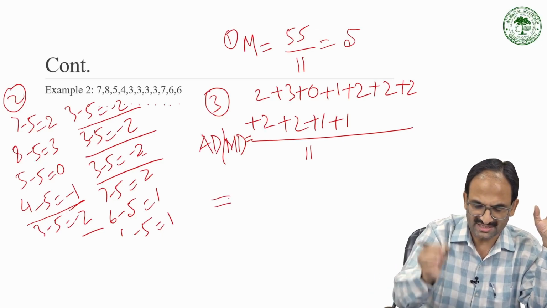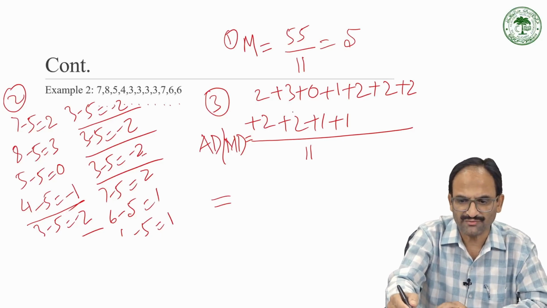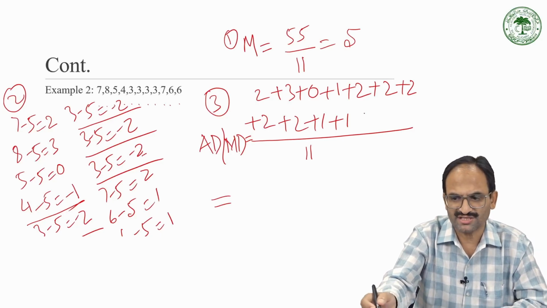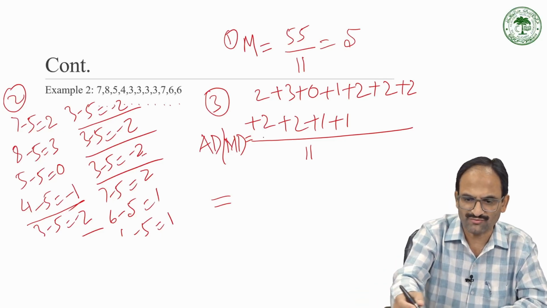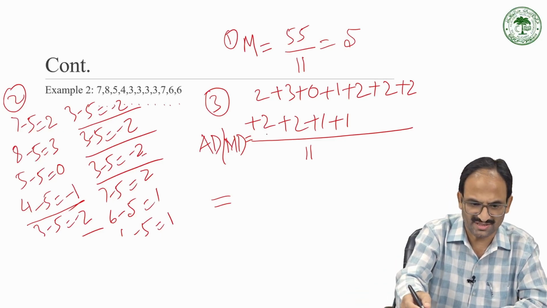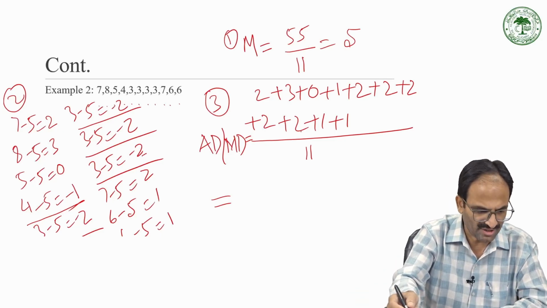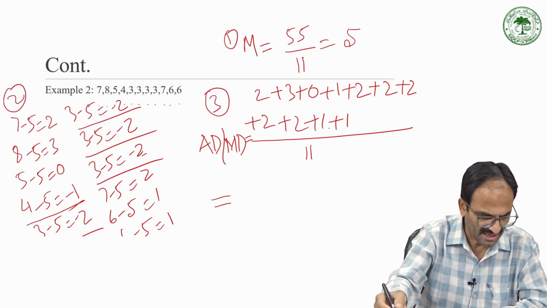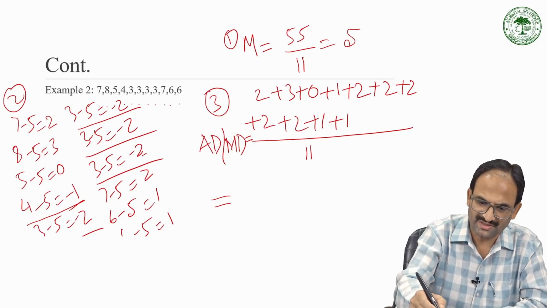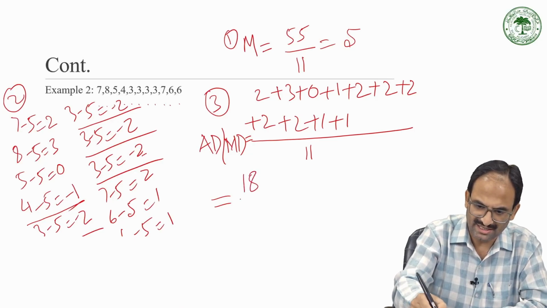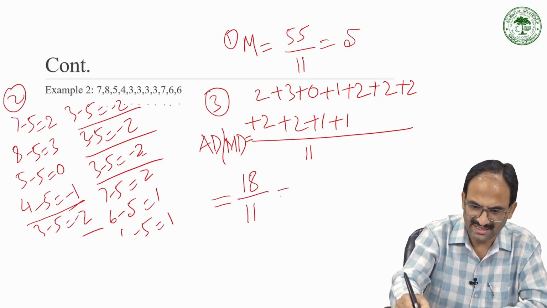Now find the sum. So 2 and 3, 5 and 1, 6. 6 plus 2, 8, 8 plus 2, 10, 10 plus 2, 12, 12 plus 2, that is 14, 14 plus 2, that is 16, and 16 plus 1, 17, and 17 plus 1, that is 18. So 18 divided by 11.